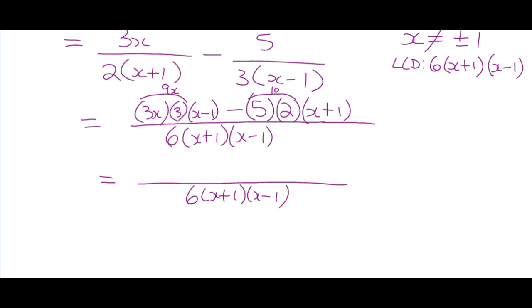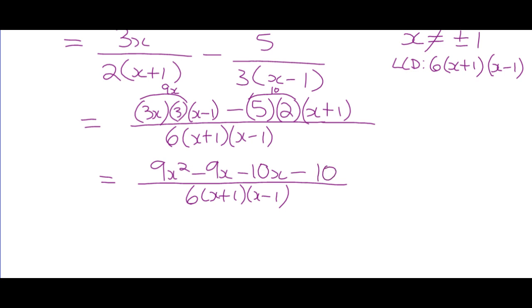Okay, up top, what do we got? Well, we got 9x times x. What's that? 9x squared. We got 9x times minus 1. What's that? Minus 9x. We've got negative 10 times x. What's that? Minus 10x. We've got negative 10 times 1. What's that?